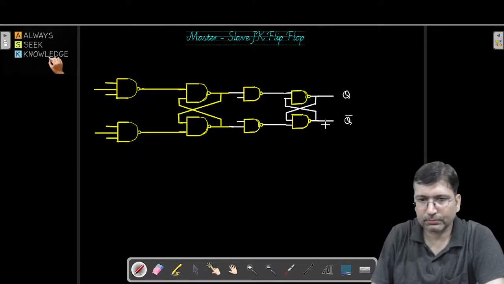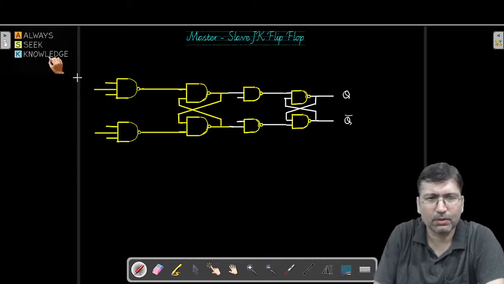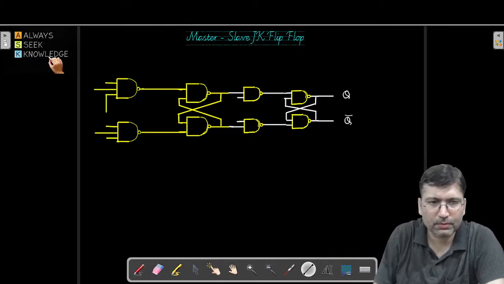Now this state we will connect to this input. Here we should have a clock. So here it is a clock. Let's say this is a clock pulse.